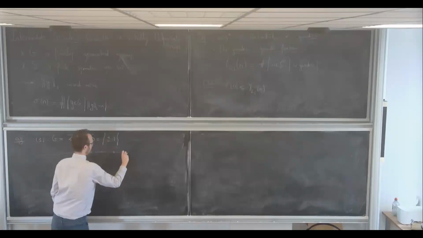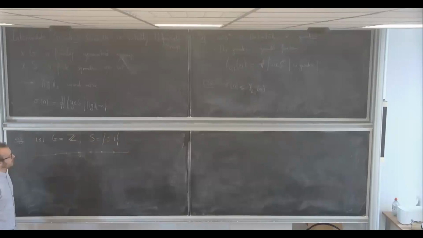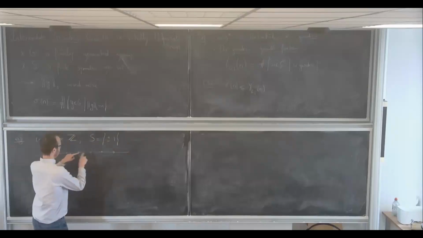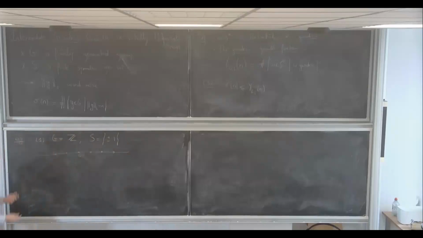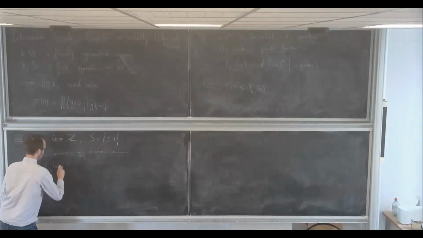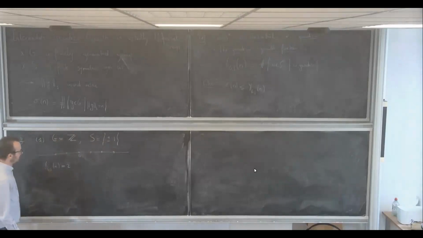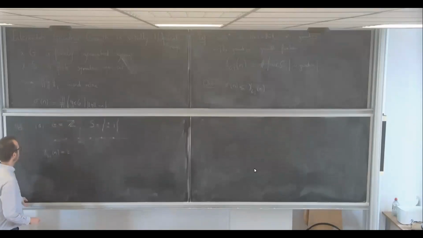It's a line, and so it's zero here. For each element g, there's exactly one geodesic that links it back to the identity. And so what you get is that the growth function is always equal to 2, except for n equals 0. So you just get 2 geodesics for each length.